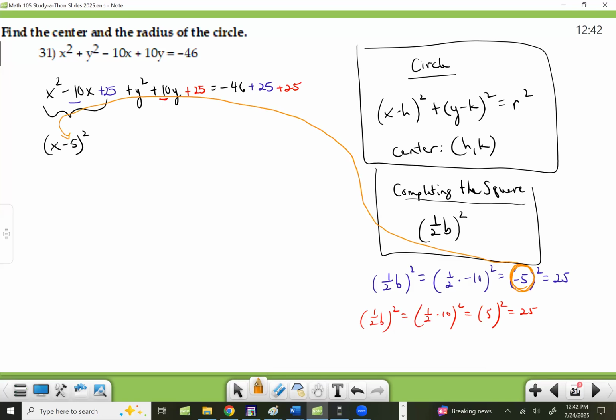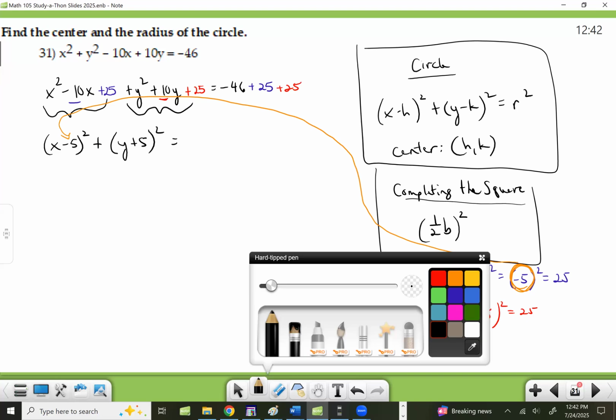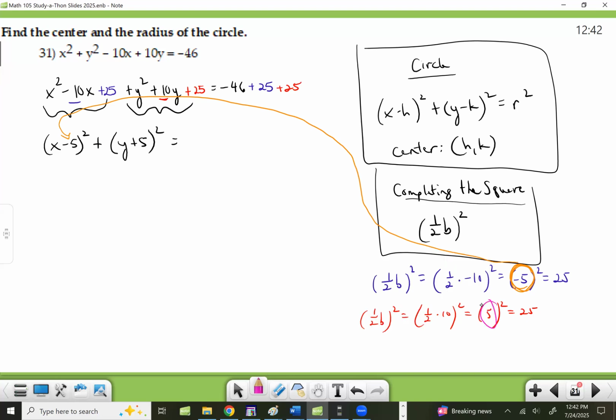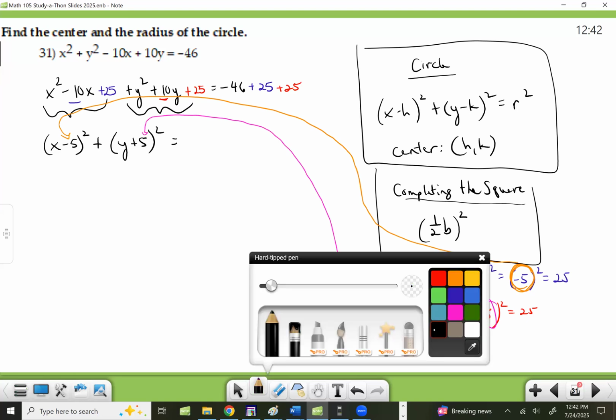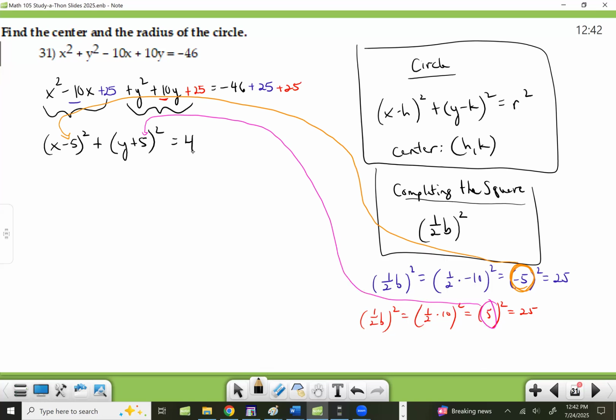So for the second trinomial, it's going to be (y plus 5) this time, because you can see that over here, it's a positive 5. So when we put that in, make sure you put a positive 5. Then if we do all of the math, negative 46 plus 25 plus 25 is negative 46 plus 50, right? So that's going to be 4 when you combine everything over here on the right-hand side.